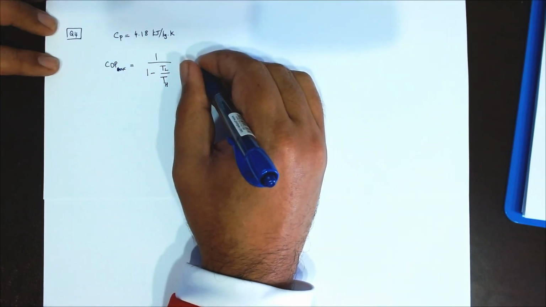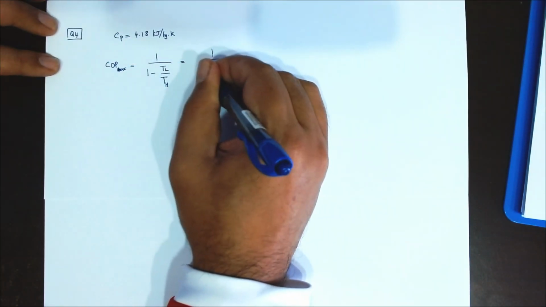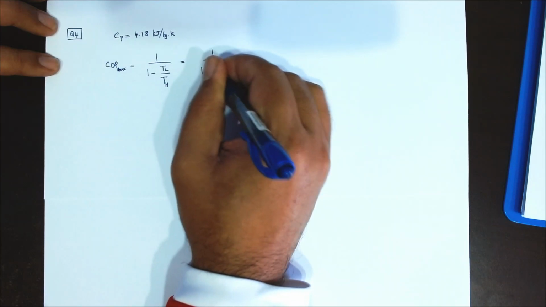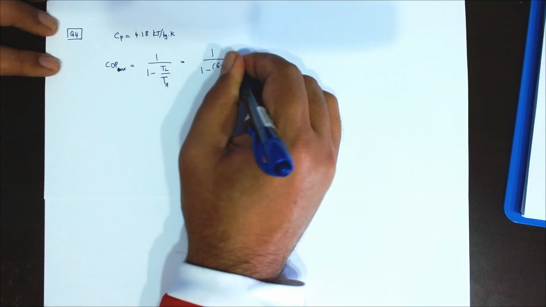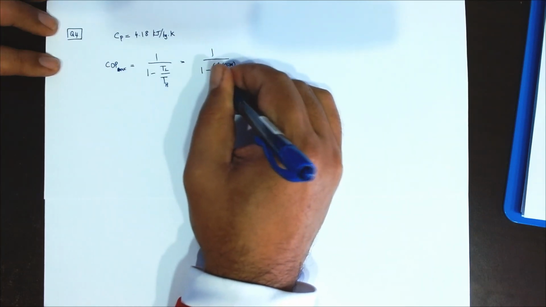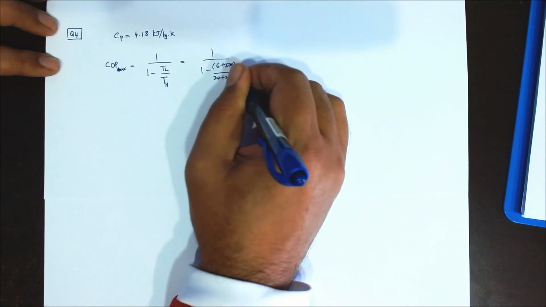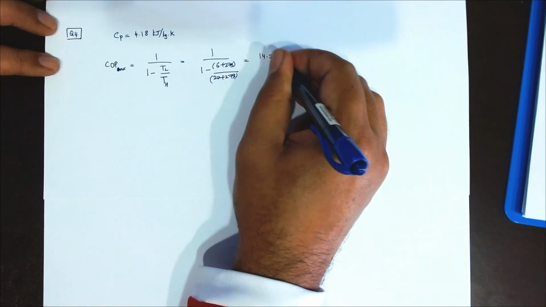Then 1 over 1 minus (6 plus 273) over (27 plus 273), which equals 14.29.